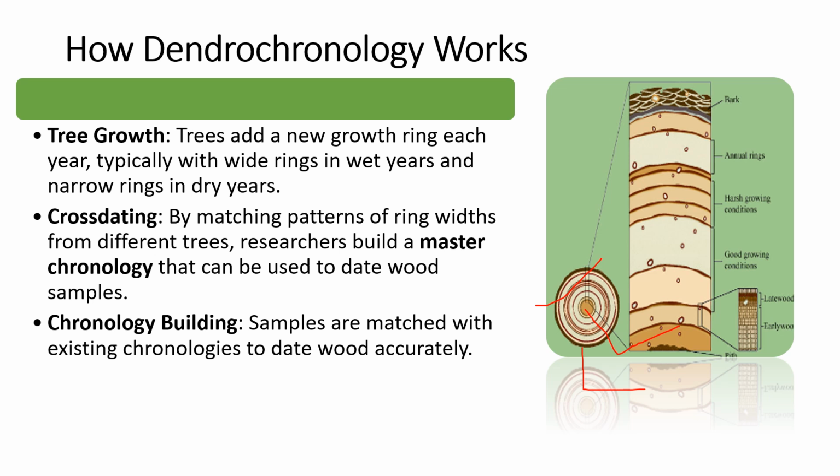Once this master chronology is established, we can take wooden samples from archaeological sites and match them to this timeline. It helps us determine the exact year when the tree was cut down.